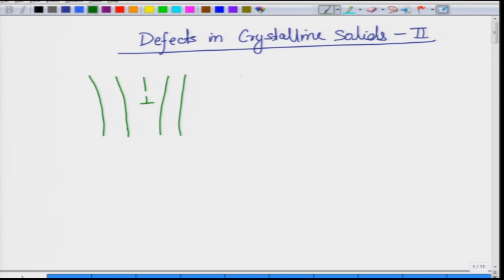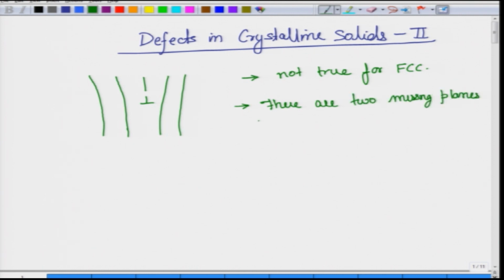We found that this simple system is not true for FCC. What is different is that there are two missing planes instead of one.